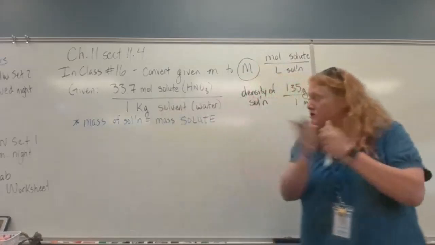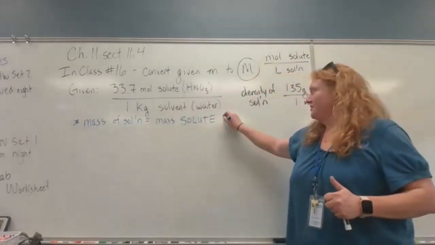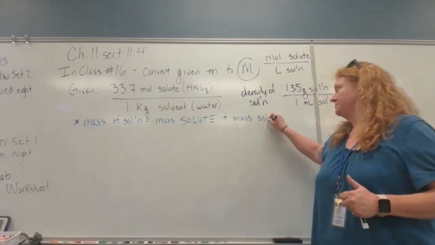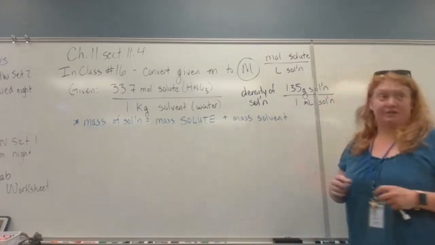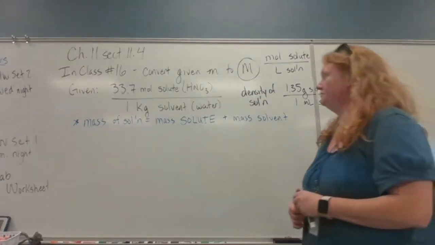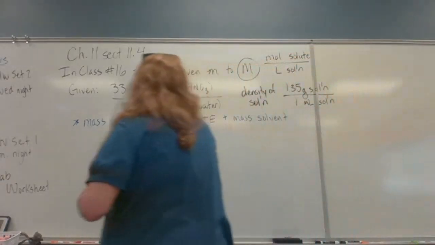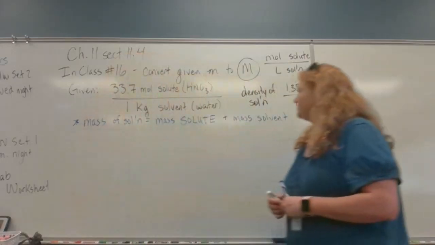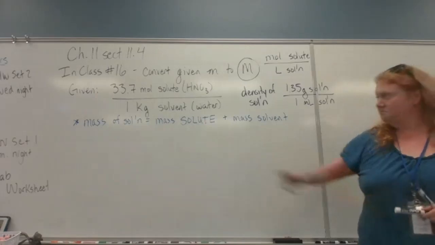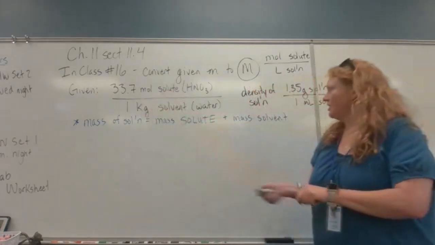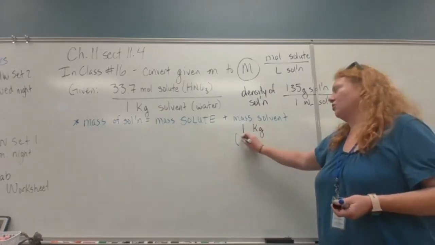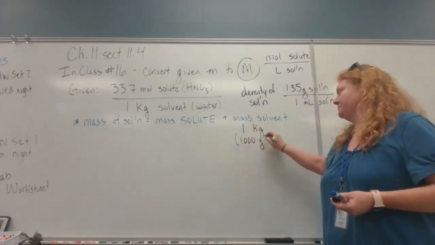The mass of the solution is the mass of the solute plus the mass of the solvent. What mass of solvent can I say I have? Okay, so I got 1 kilogram. Or 1,000 grams, right?